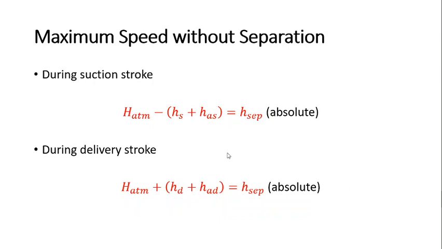If you want to find the maximum speed of a reciprocating pump, first of all you have to equate these two terms and then substitute HAS or HAD in terms of omega, then find omega, and then finally determine the speed n.